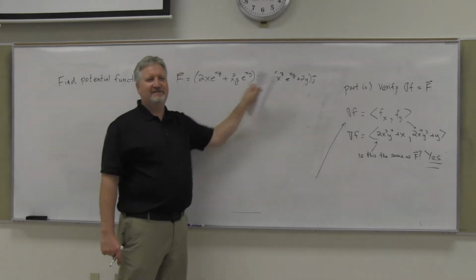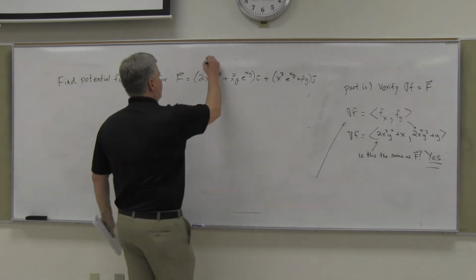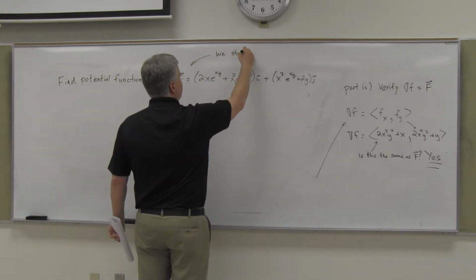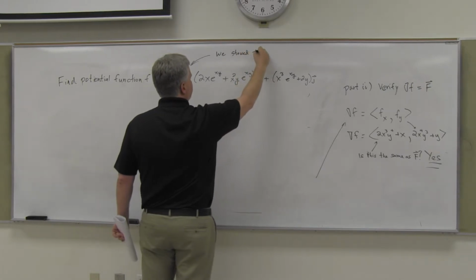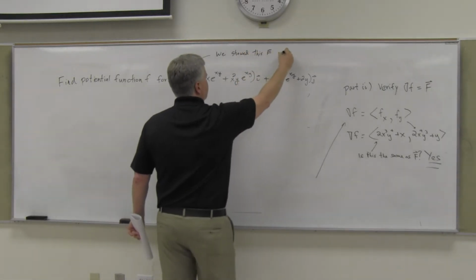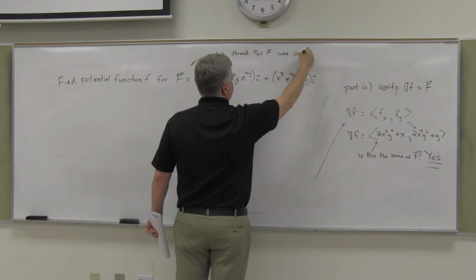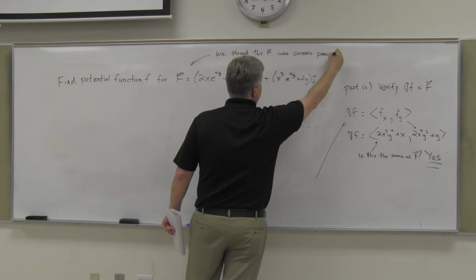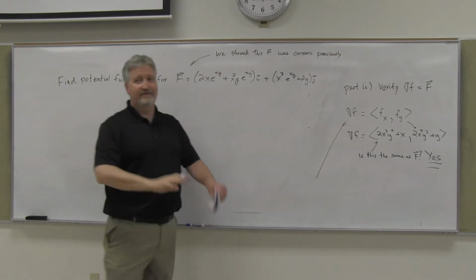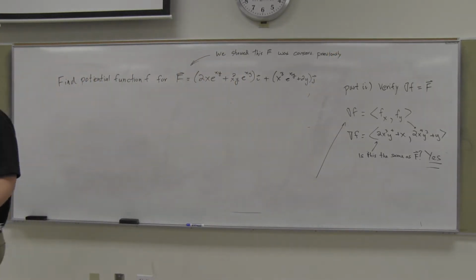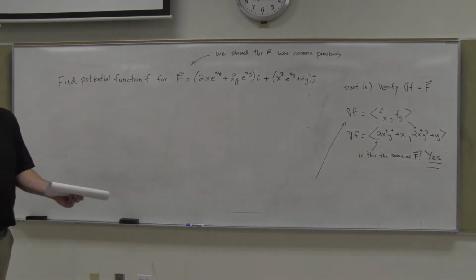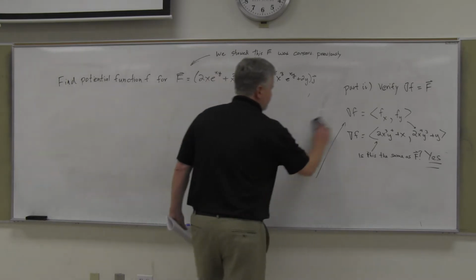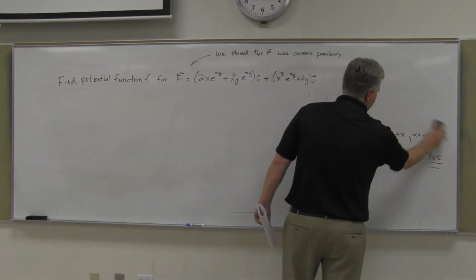So note, we showed this f was conservative previously. Because if it's not conservative, this little method we're doing is no good. This only works for conservative vector fields. You can't find potential functions if they're not conservative. Anyway, all right.